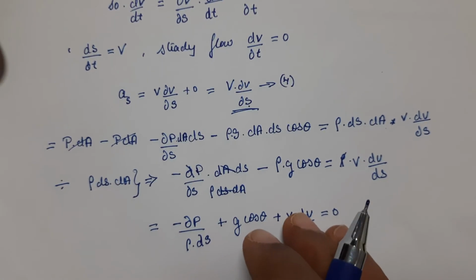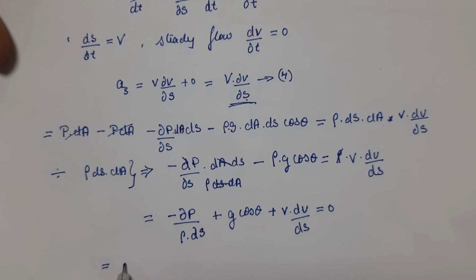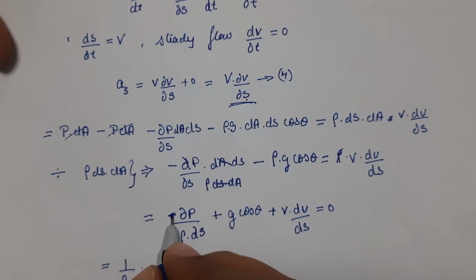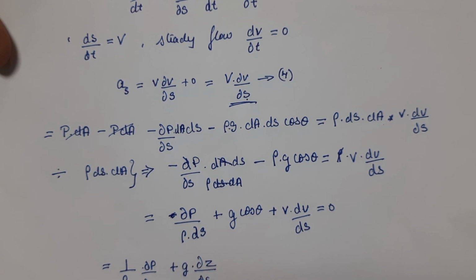So we write the final equation as 1 by rho dou p by dou s plus g dz by ds plus v dou v by dou s, and this is equal to 0.